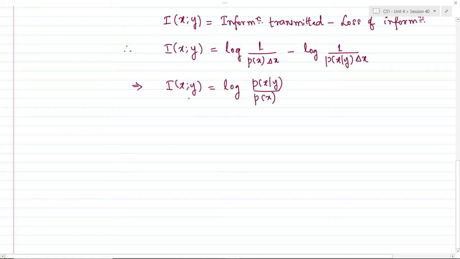Note that this is the mutual information when a certain x is transmitted and a particular y is received by the receiver. So this is true.